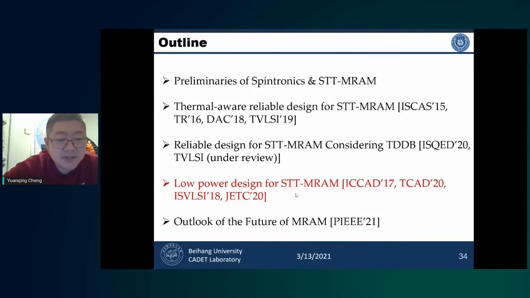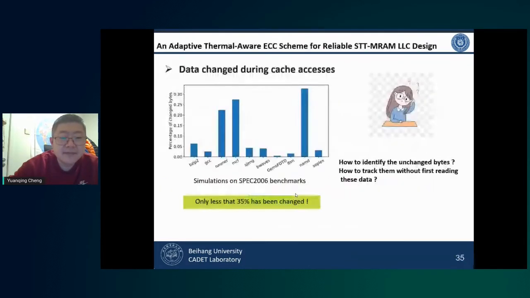The third direction is the low power design for the STT-MRAM. We mentioned that the STT-MRAM is non-volatile and has very low leakage power, but unfortunately, it also suffers from high write energy and latency.